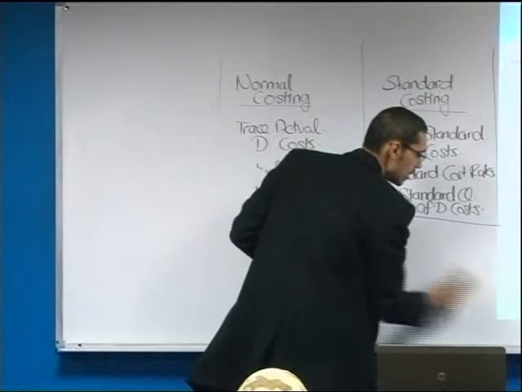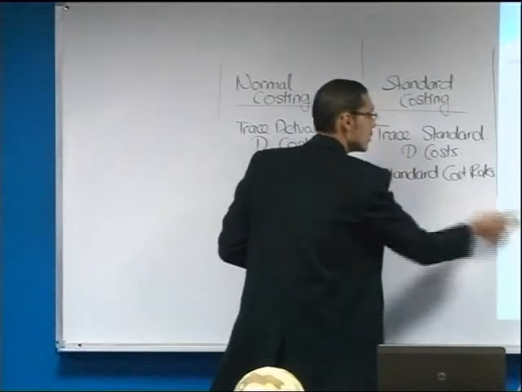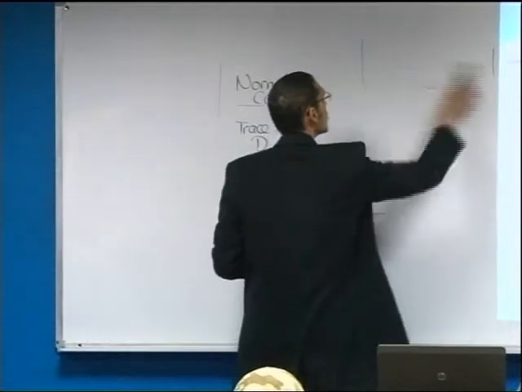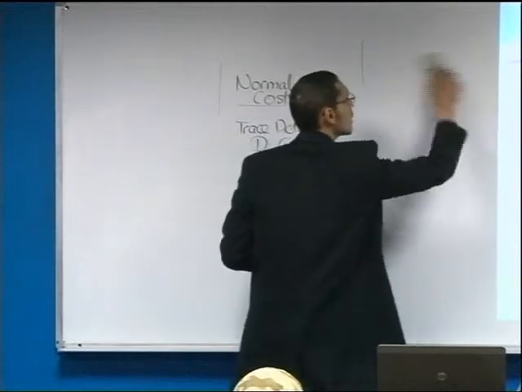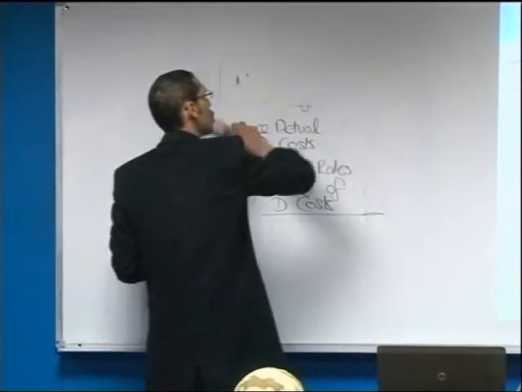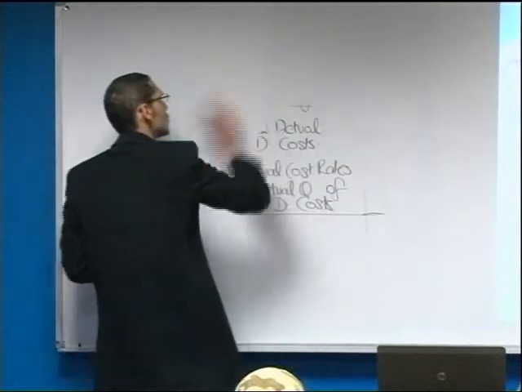So who can remind us of the journal entries that we took in chapter number 4, job costing, in Cost Accounting 1?